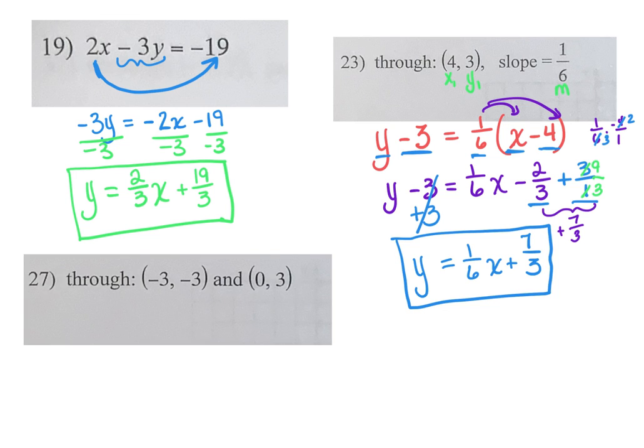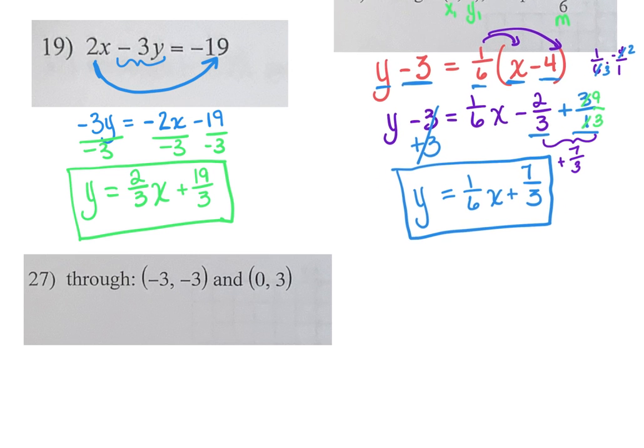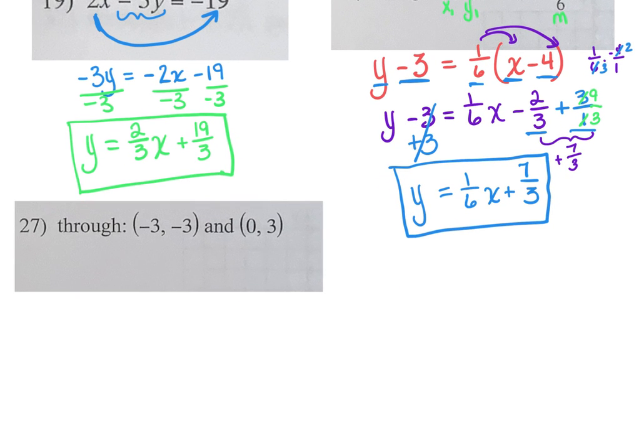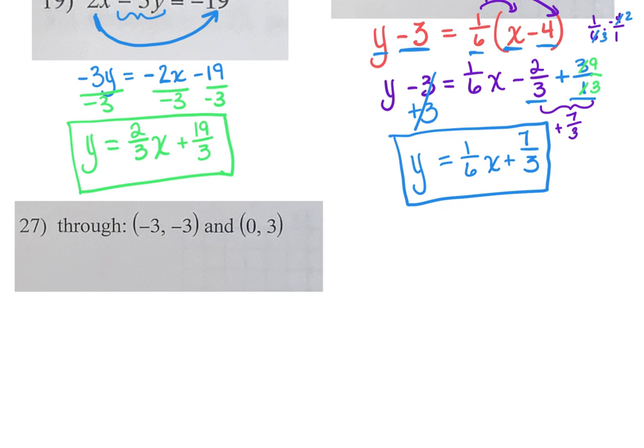All right, this last one on this page, they want the same form, but they did not give you the slope. So the difference here is you have to start with your slope formula and figure out your slope, and then you can use either point to put it in slope-intercept, okay? I picked this one specifically because of the numbers that it gave me here. All right, so the first thing I'm going to do is I'm going to calculate my slope using my slope formula.